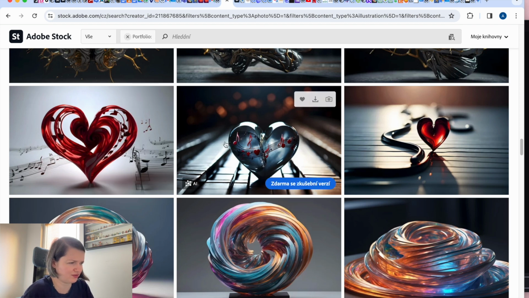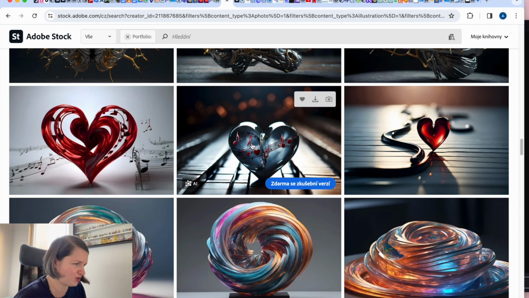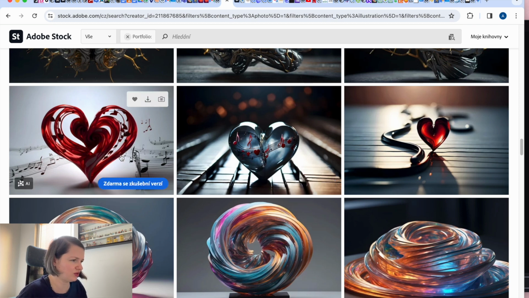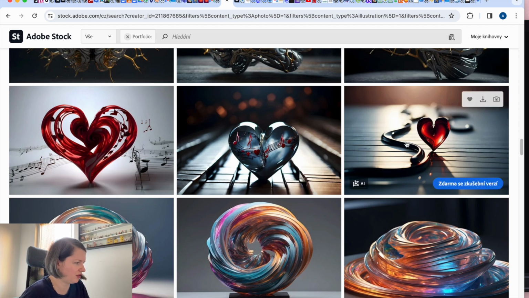I can tell it's a love for music because there is a heart and musical notes in there, but otherwise it doesn't evoke any feelings of love when I look at this image. It looks a bit sad and also a bit strange, if I may say it like this. Here I do not understand, except for the heart.